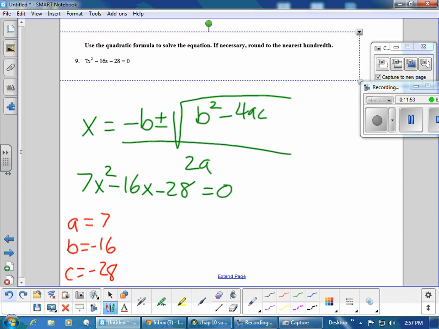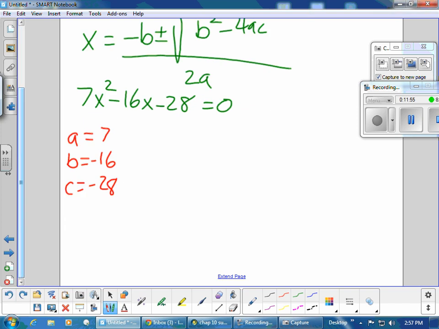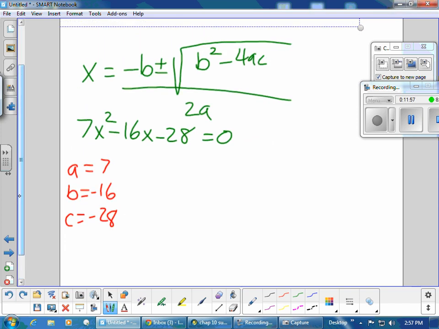Okay, we're going to put them into the formula, but I'd like to figure out what all the aspects of the formula are first. So 2a is 14. Negative b is 16, so it was negative, now it's positive. b squared is negative 16 squared.